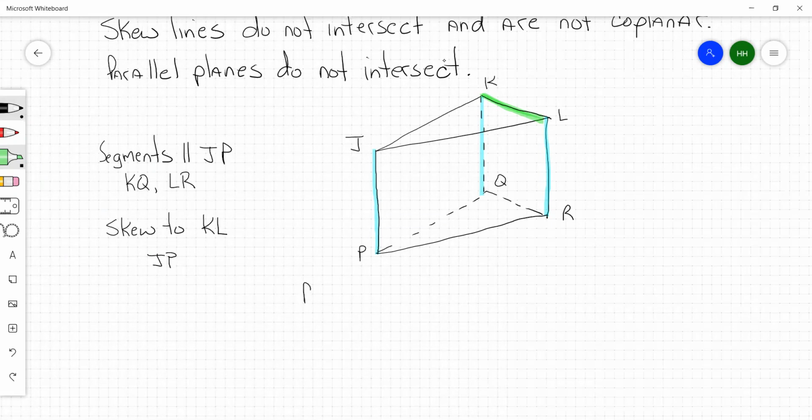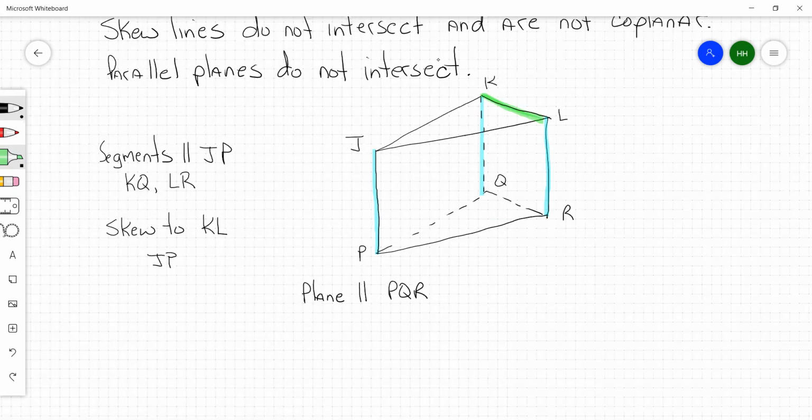And then we need a plane parallel to PQR. A plane parallel to PQR. Well, PQR is the bottom of this piece of cheese. So what's parallel to the bottom of the piece of cheese?